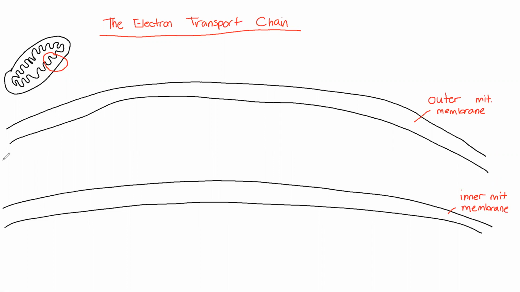Okay, so the first thing we want to establish is that we have the presence of hydrogen ions in higher concentration in the intermembrane space. So this space in between both of these membranes, we refer to as the intermembrane space. And in this space, we have a high concentration of hydrogen ions or protons. Okay, we'll talk about why we end up with a higher concentration here in a bit.